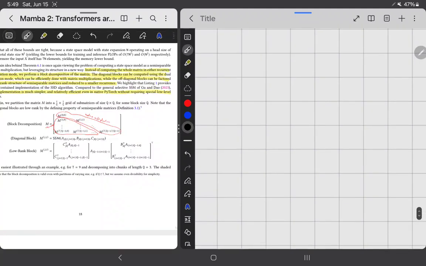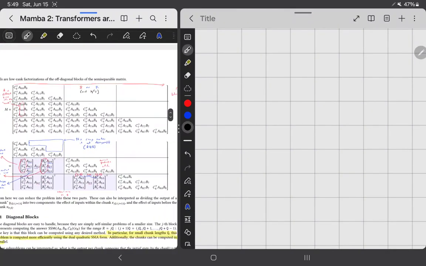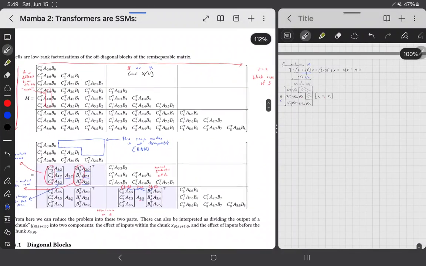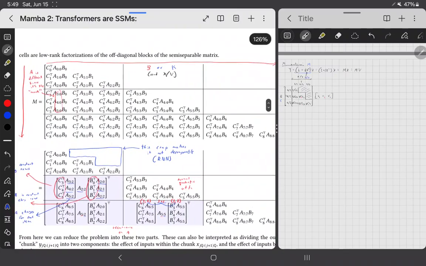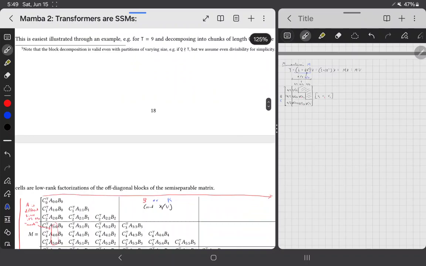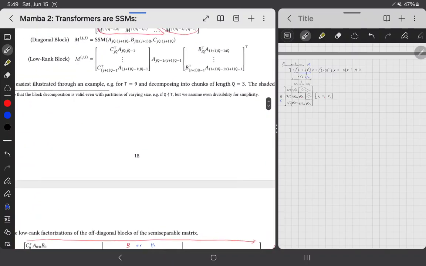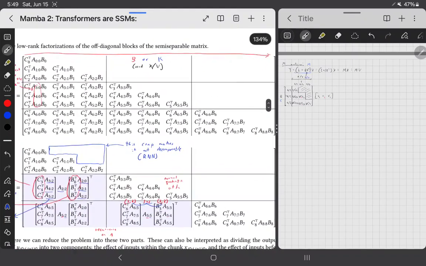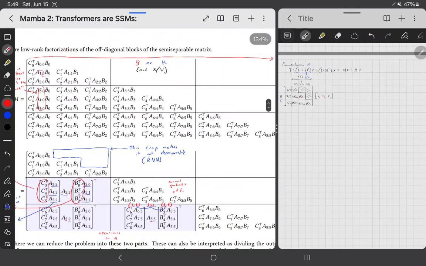Now, what they do with this M matrix is they say, we're going to break this up into blocks. So we have these two blocks that we're going to define. What do they call them? They call them the diagonal blocks and the low rank blocks. So you have these diagonal blocks here. In this case, it's a 9 by 9 example.